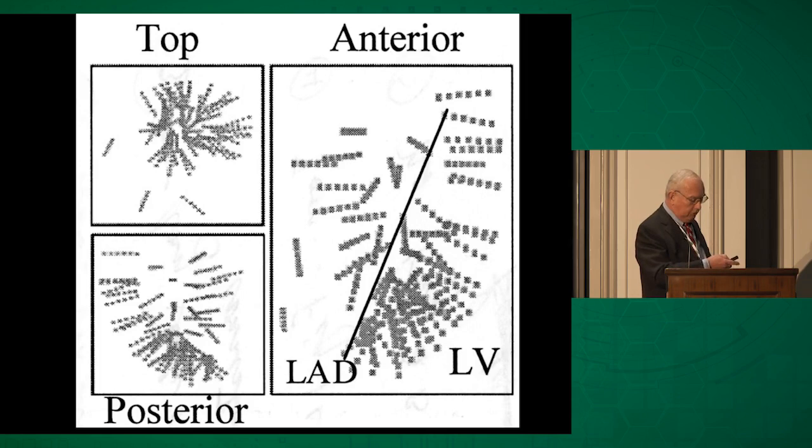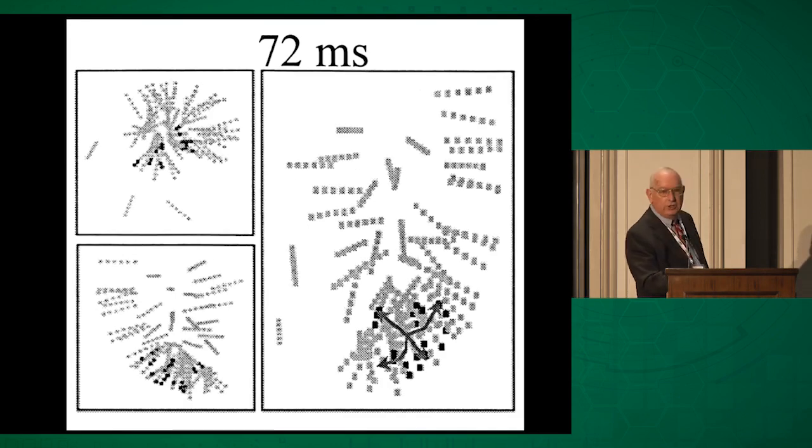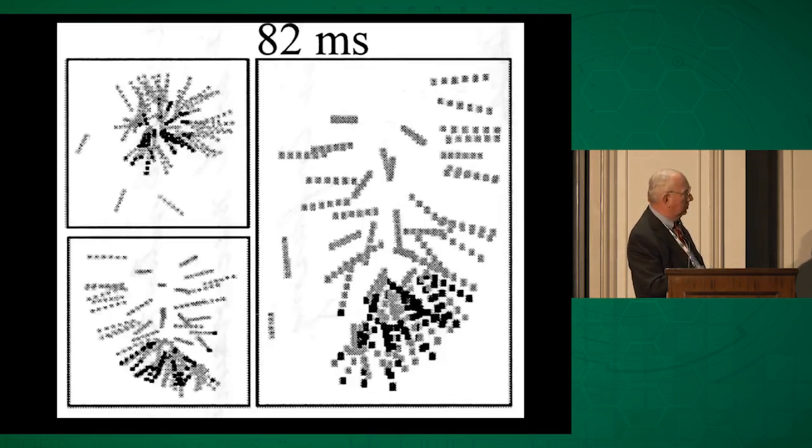And we gave shocks that were very close to the DFT, and some succeeded and some failed. And so I'll show you a typical example of a shock that failed, but was very close to the DFT. What did we see right after the shock? Nothing. 62 milliseconds later, we see activation show up towards the endocardium that then spreads out like a focus.